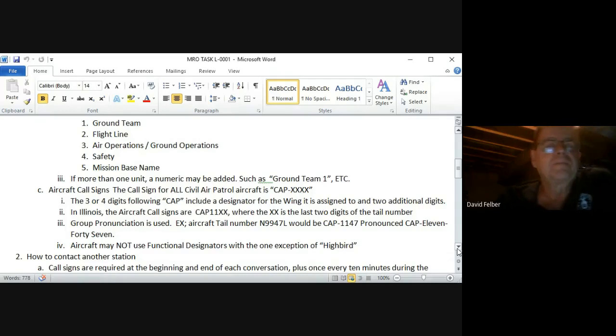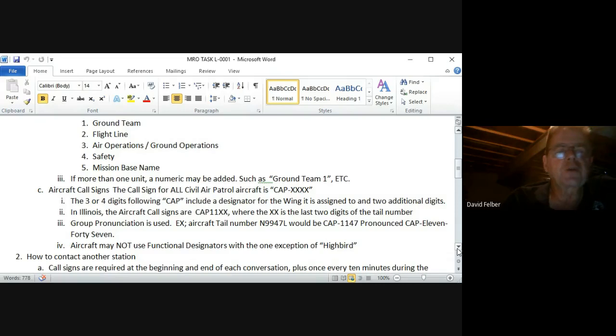In Illinois, aircraft call signs begin with CAP 11, and then the last 2 digits of the tail number. For example, November 9947 Lima would be CAP 1147. Notice the pronunciation.